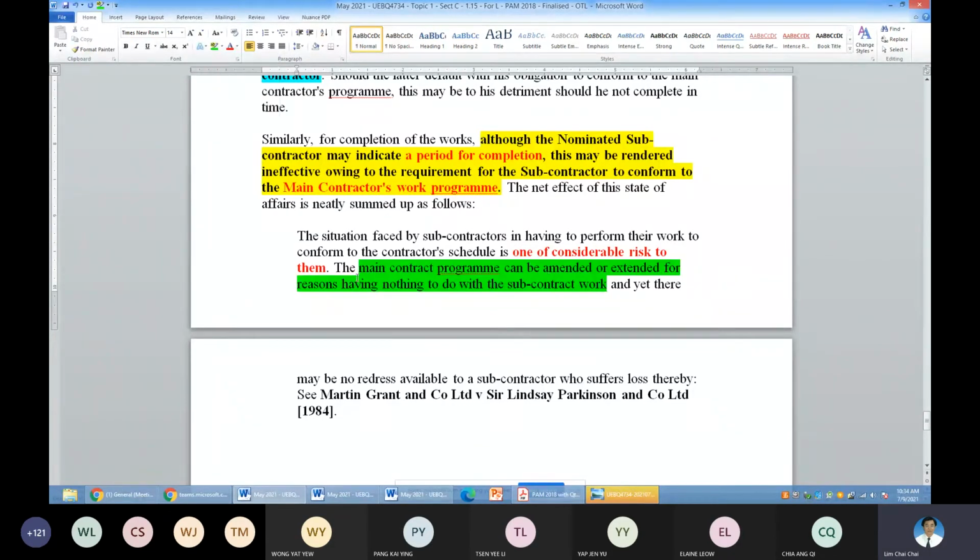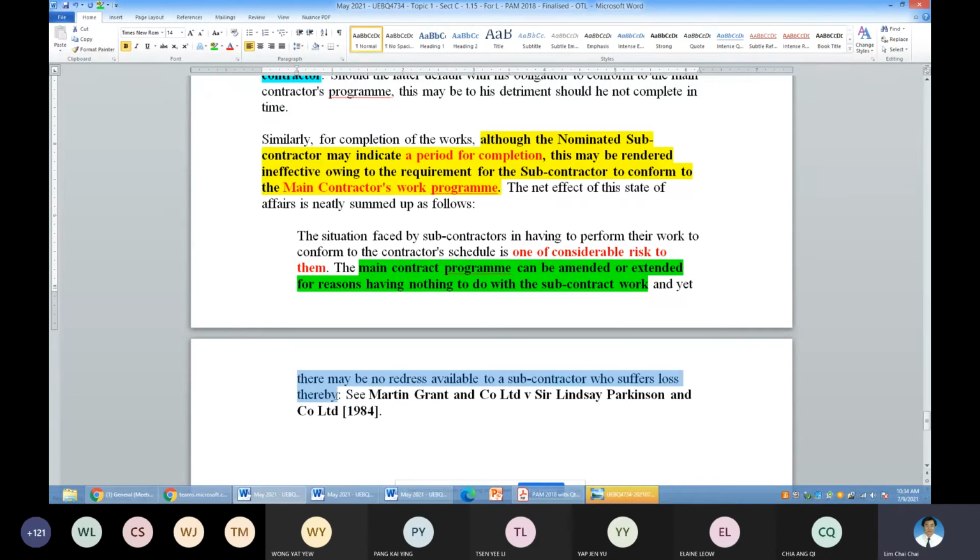And yet there may be no redress available to the subcontractor who suffers loss after this exercise. Do you think this is very terrible? This is supported by case law, which is why the NSAs have no redress against the main contractor's main program. So I repeat, the NSAs are always at the mercy of the main contractors in terms of the subcontract work.